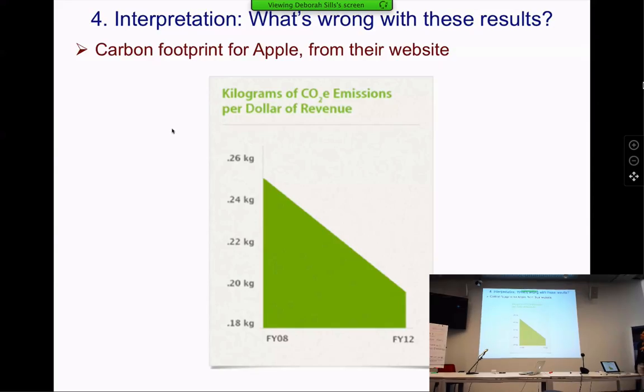All right, so this I love. Okay, so this is per dollar of revenue. This is from Apple's website. So they had kilograms, sorry, this is such a bad quality slide, from 2008 to 2012. Kilograms of CO2 per dollar of revenue. So it looks really good.